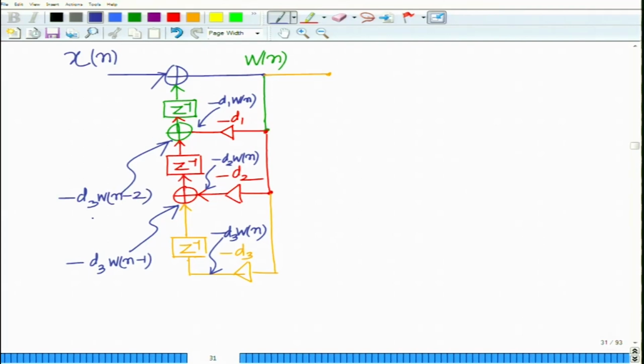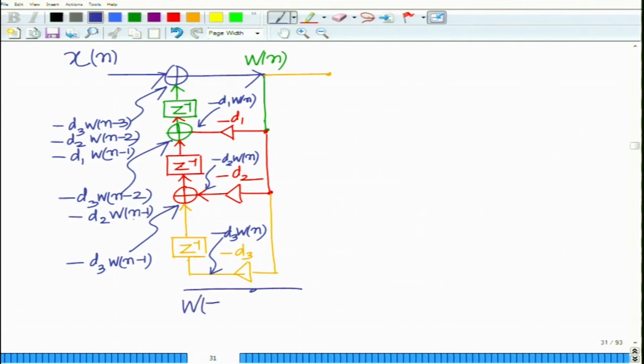So, that will be minus d3 W[n-2] minus d2 W[n-1], and at this point finally I will have minus d3 W[n-3] minus d2 W[n-2] minus d1 W[n-1] added to x[n], that produces your w[n]. Okay. So, that is basically the first part. So, this part is implementing your W(z) equals X(z) over D(z).